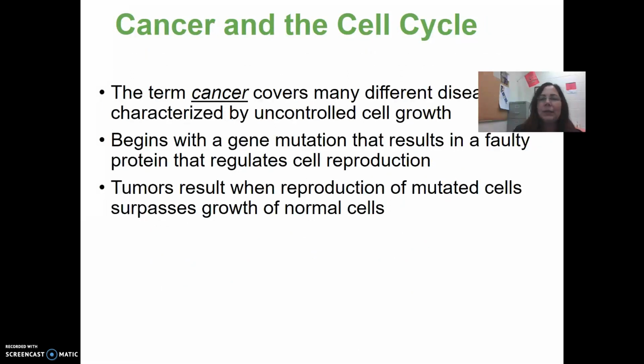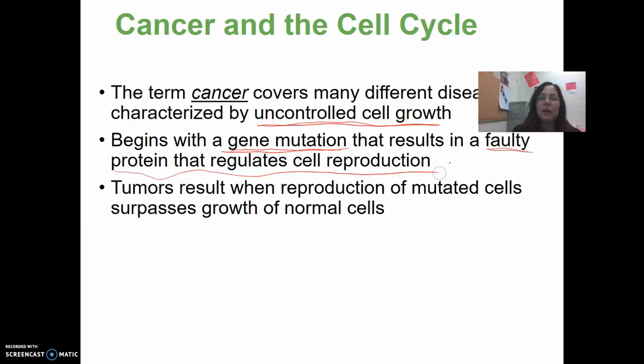Now, how is cancer related to the cell cycle? Cancer is basically uncontrolled cell growth. So we just talked about how the cell cycle is regulated, and we don't want the cells to grow out of control, because what happens then is we get a tumor, maybe multiple tumors. So what starts as a gene mutation in a gene results in a faulty protein that regulates cell reproduction.